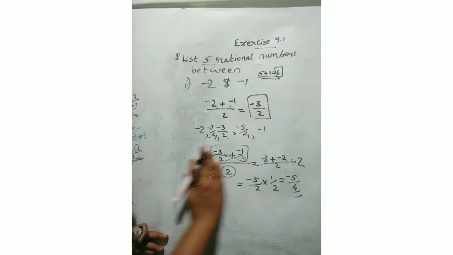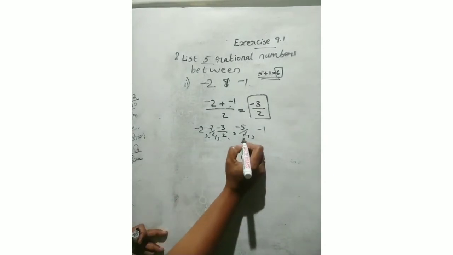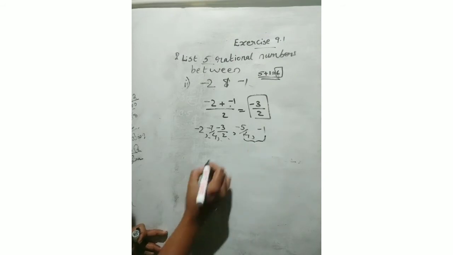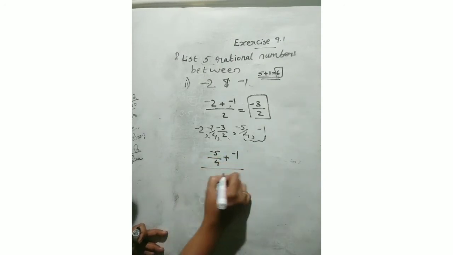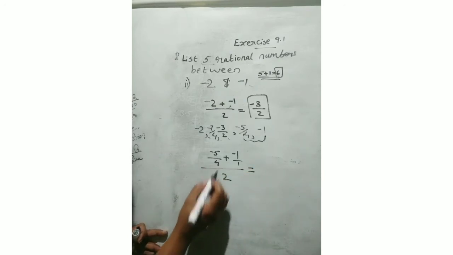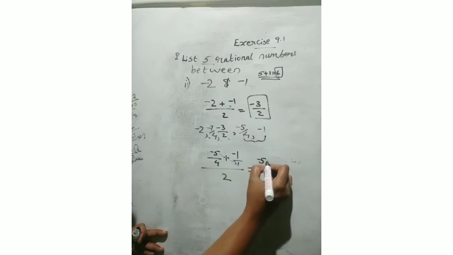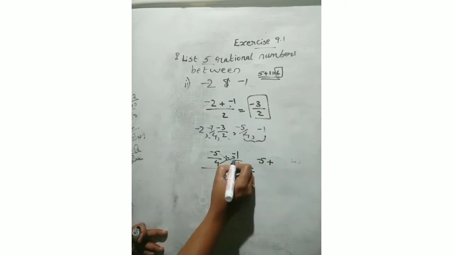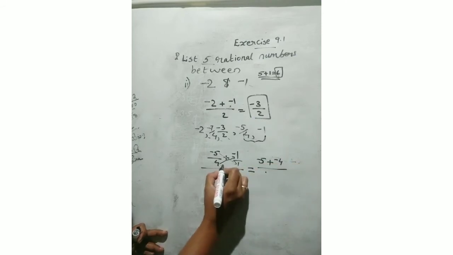Clear? Then next we can find between these two. Negative 5 on 4 plus negative 1, the whole divided by 2. That is equal to, here 1 will be there now. We can cross multiply. Negative 5 times 1, negative 5 plus 4 times negative 1, negative 4, the whole by 4 times 1.